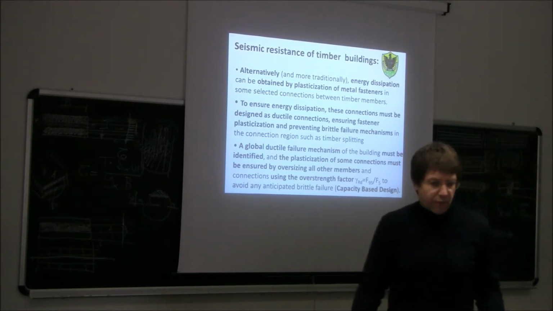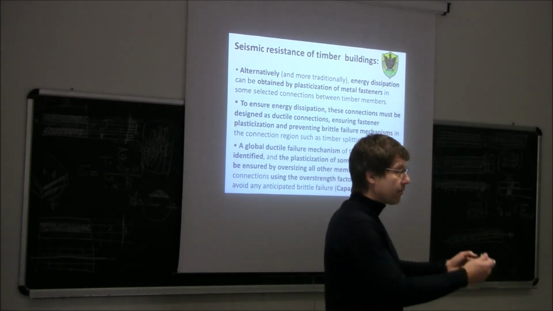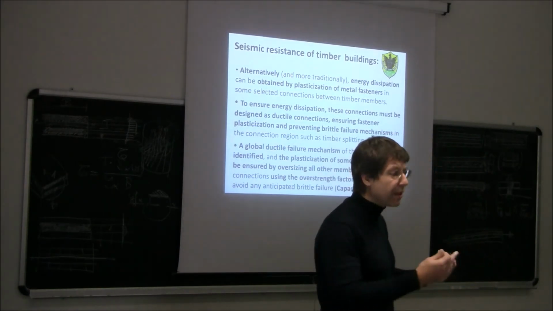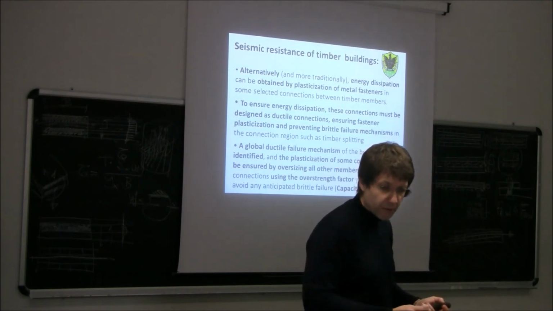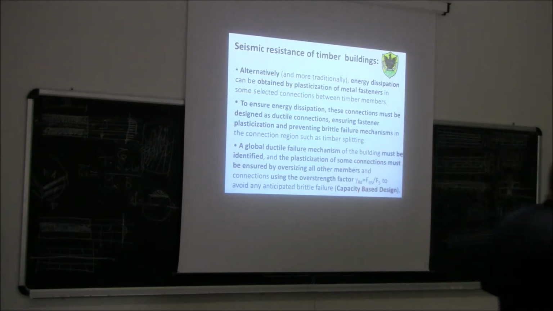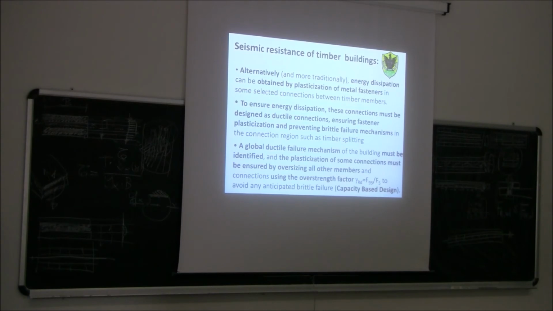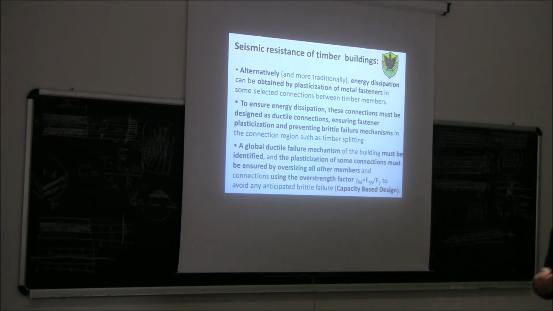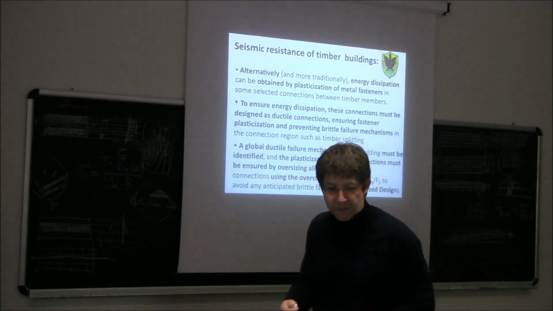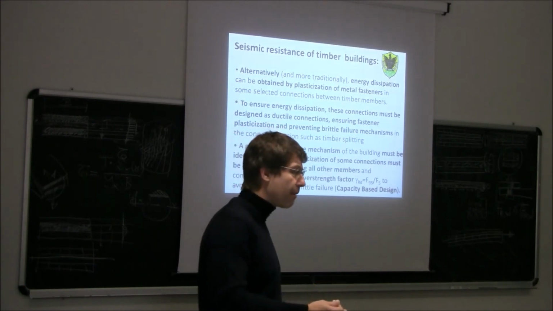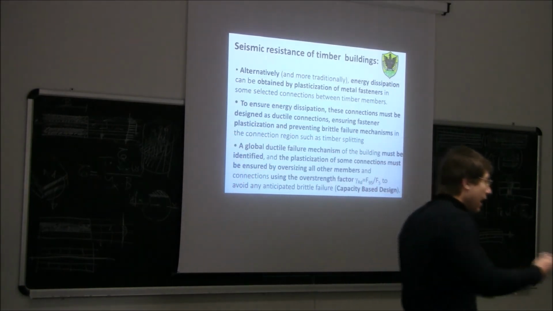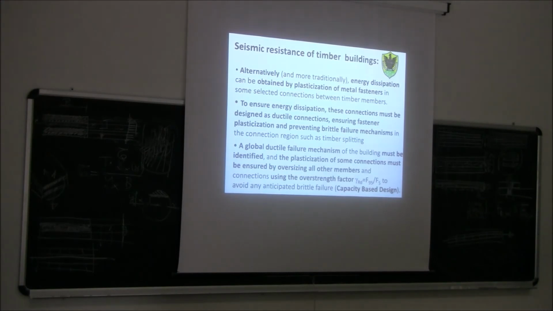In our case, for timber, the ductile member will be the joint, and the brittle members will be the beam and the column. Okay? So there is a significant difference with respect to steel and reinforced concrete. Because in steel and reinforced concrete, the ductile member was the actual beam. In our case, the ductile element, the dissipative element, will be the joint. While instead, the beam and the column themselves will be regarded as brittle members. They will have to be designed for the overstrength of the connection.